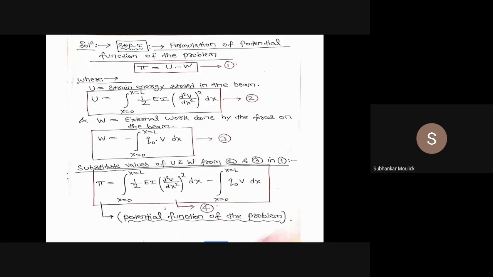Fine. So let us substitute the value of d2v over dx square and v in equation number 4. Once you substitute, this is the expression after substituting the value of d2v over dx square and v in the equation of potential.